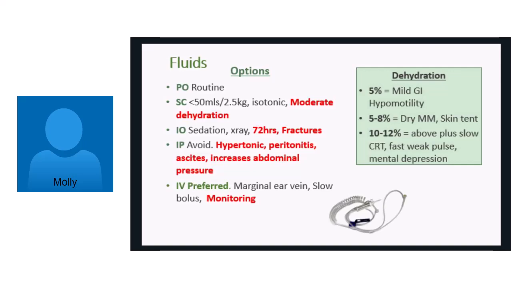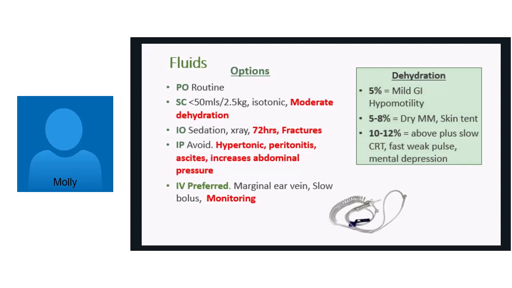So my preferred option is intravenous fluids. I tend to use the marginal ear vein, but not always. I certainly will use the cephalic vein or potentially the lateral saphenous, although that can be challenging to fix that one in. I tend to go with repeated slow IV boluses, simply because unless the rabbit is very, very collapsed, or you have somebody that is near it and monitoring it very closely, they tend to wrap themselves up in IV lines, they chew them, they hang themselves, and it all becomes quite stressful.